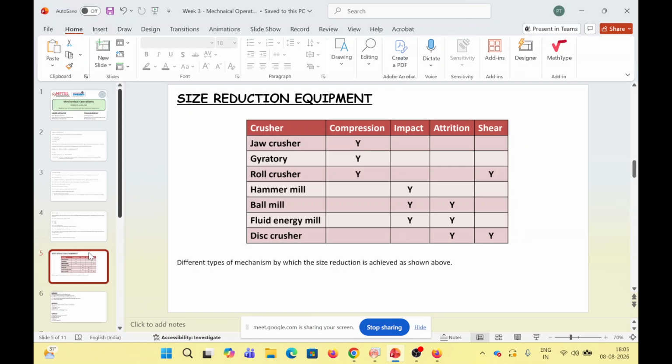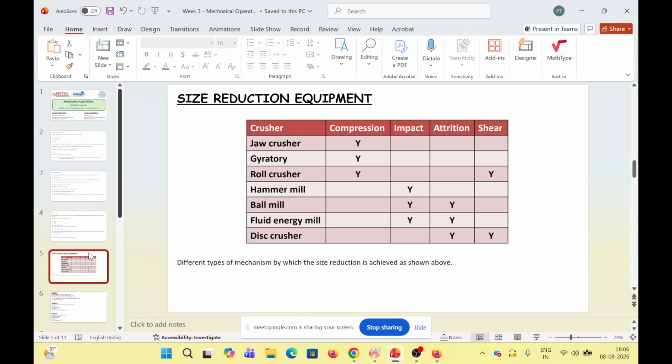Has anyone ever observed a ball mill? Anyone? Okay.